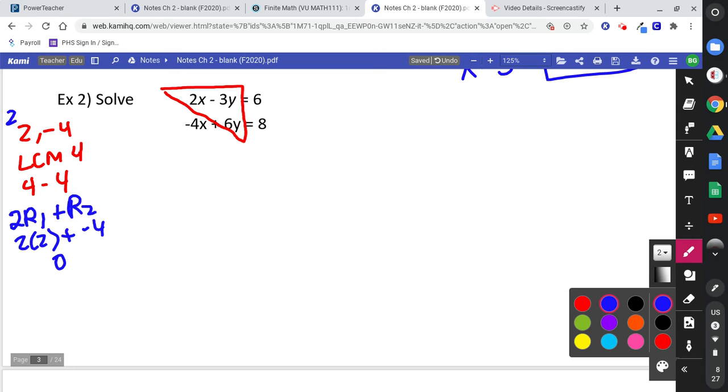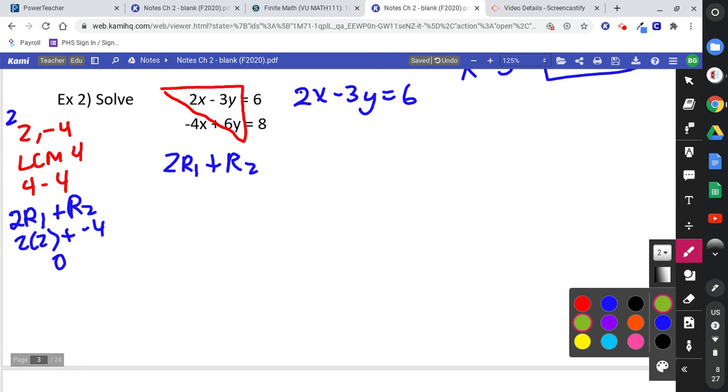Okay, so again, the top row can just stay put. 2x minus 3y equals 6. But that bottom row I'm going to change according to this rule. And so remember, the rule was 2 row 1 plus row 2.